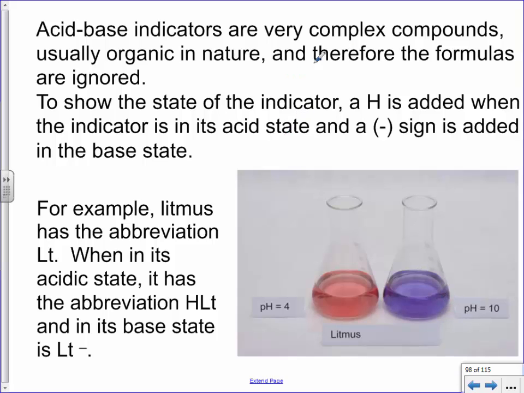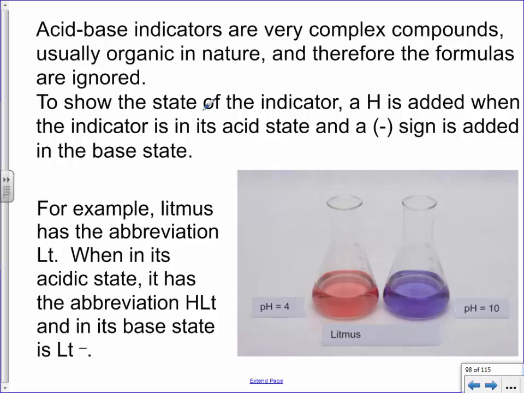I do have a side note on here. These indicators are very complex organic compounds. To be honest, I don't need you to know these suggested abbreviations. But in case you're wondering how they work, indicators are technically acid-base systems on their own. For example, methyl violet: you see how it goes HMV, then MV negative.